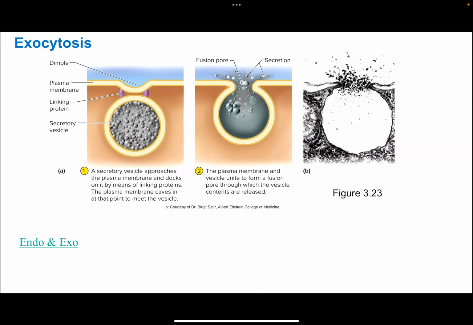And then usually the vesicle will merge with the existing plasma membrane to become part of the plasma membrane. There is a supplementary video of not only endocytosis and exocytosis, but also some transcytosis in the lecture videos, in part C.